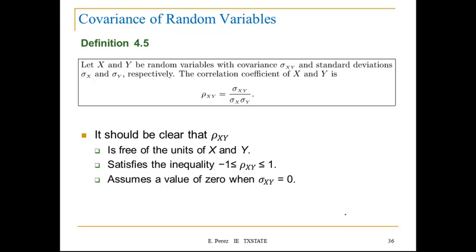The correlation coefficient of x and y is given by the covariance divided by the product of the standard deviations. It should be clear that the correlation is free of units of x and y, satisfies the inequality of -1 up to 1, and assumes a zero value when the covariance equals 0.